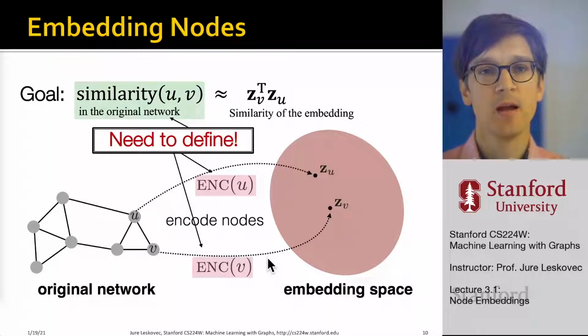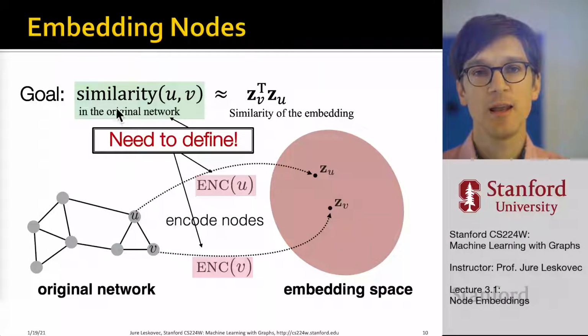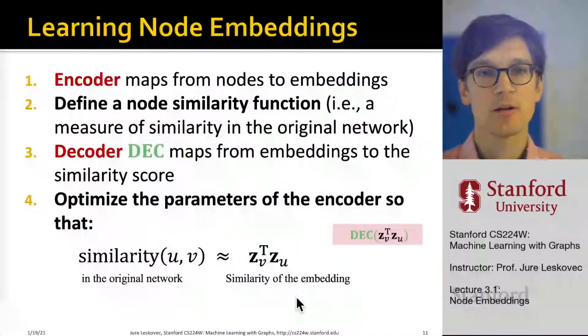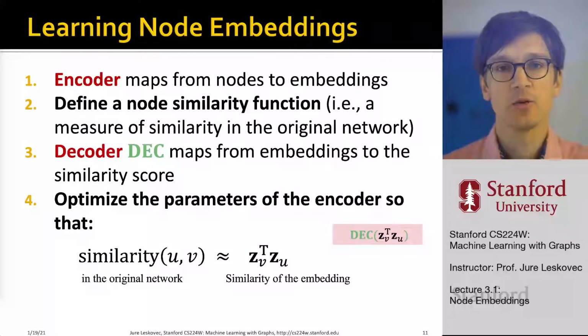So that's the idea. Now what we need to define is this notion of similarity in the original network, and we need to define an objective function that will connect this similarity with the embeddings. And this is really what we are going to do in this lecture. So to summarize, the encoder maps nodes to embeddings.